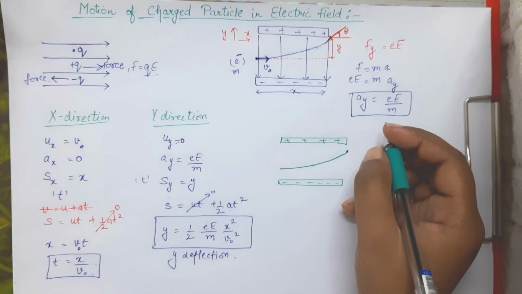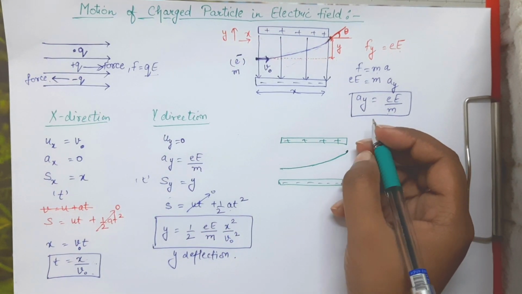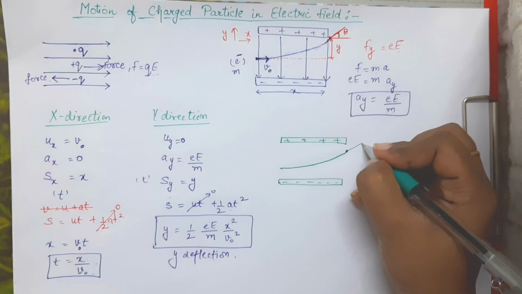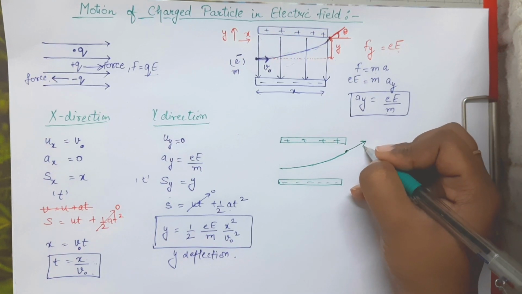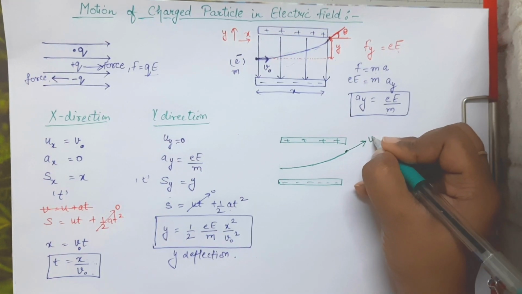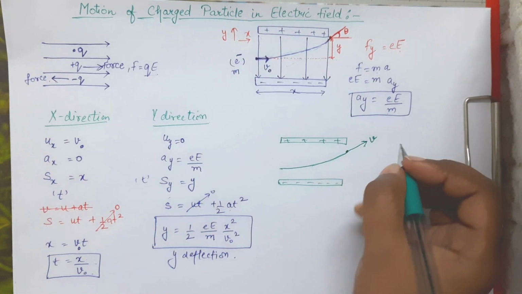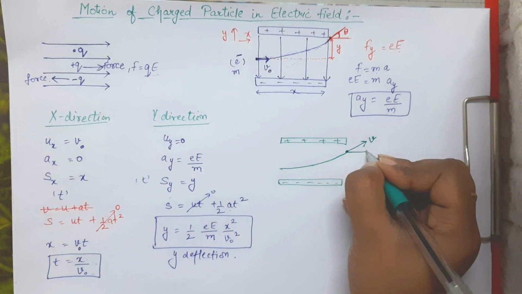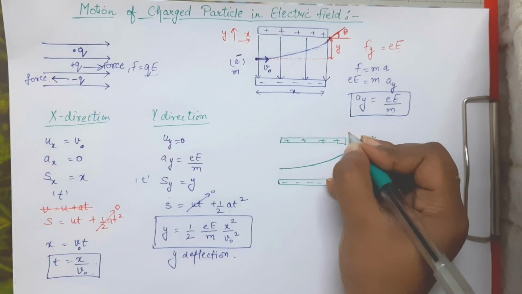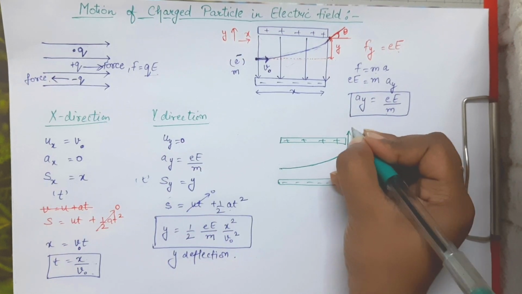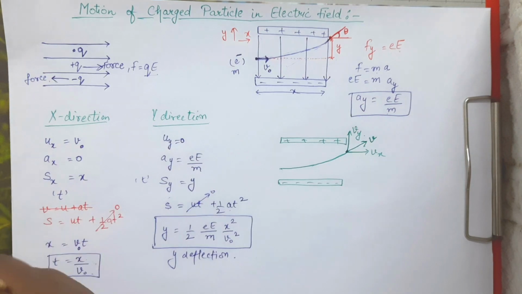This was the path for the electron. Now if this is the tangent, this is the tangent for velocity, this will be the velocity along x direction, velocity will be vx. Along y direction, velocity will be vy.